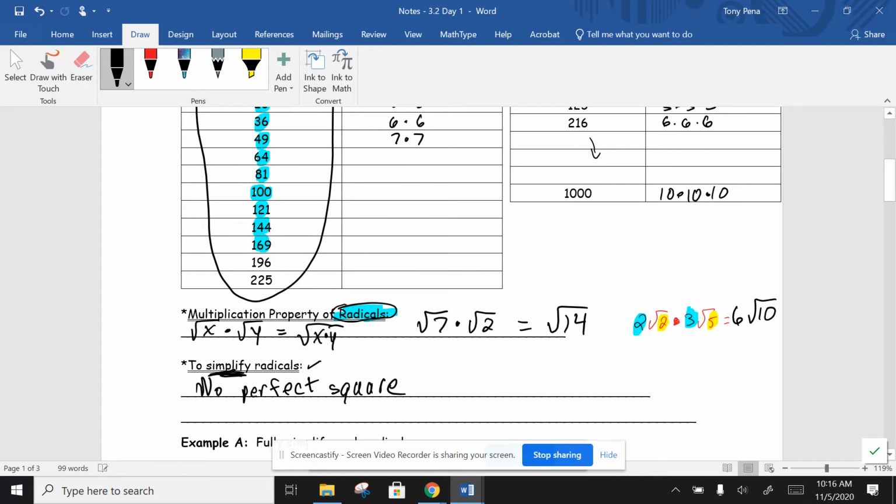No perfect square, at least for a square root anyway, can be left under the radical. And the radical, again, is really just that root symbol, that weird square root. We cannot leave a perfect square underneath that square root. If there is, we need to simplify it.